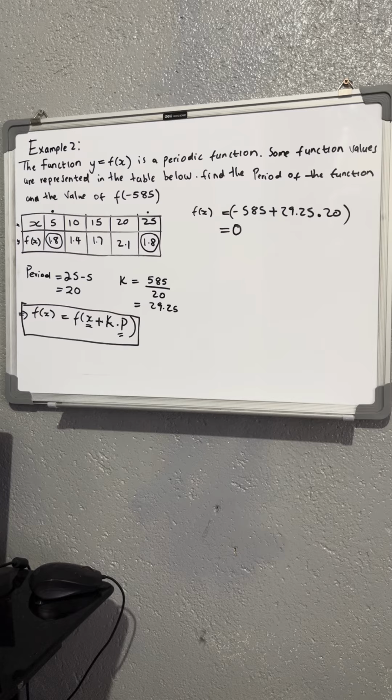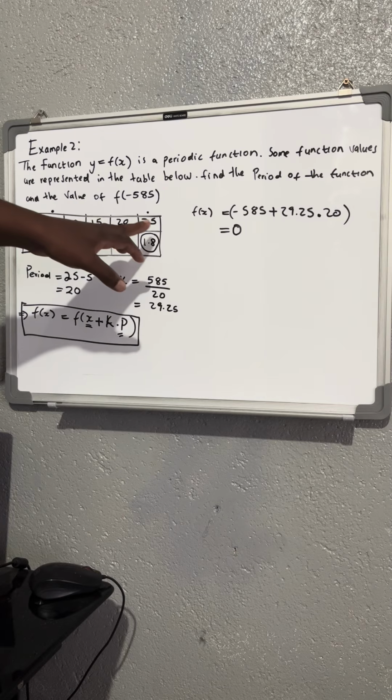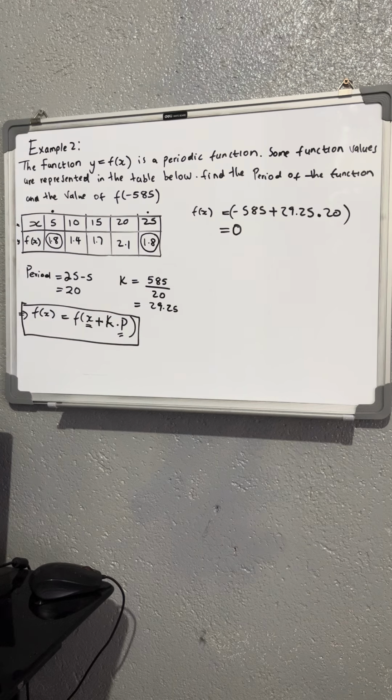This will give you a 0. Then you check, do you have any 0 on the table? You see that you definitely don't have an x value where you're having that 0. If you find a number like this, it means you are somewhere along the positive side of the table, but those values, remember, are not included.